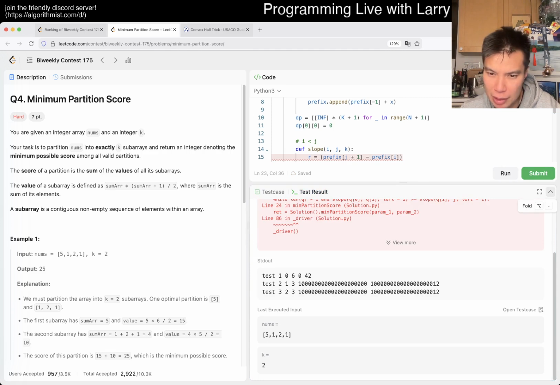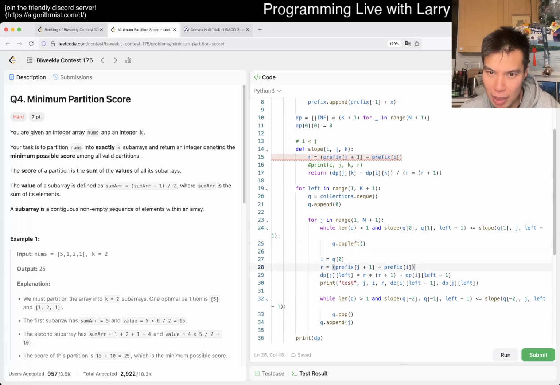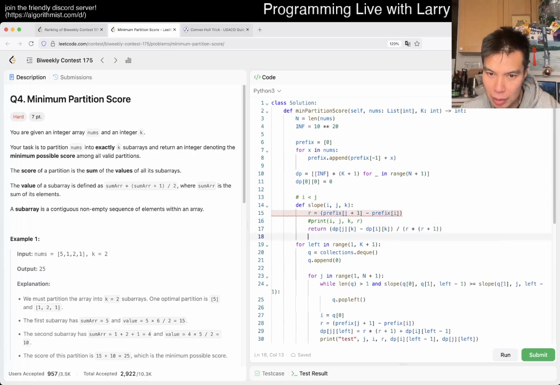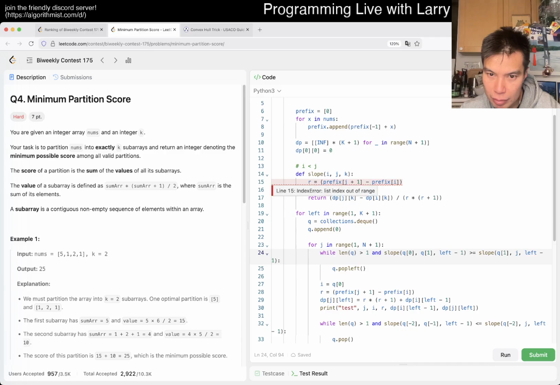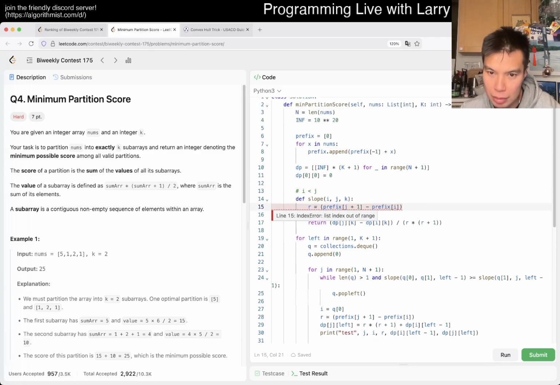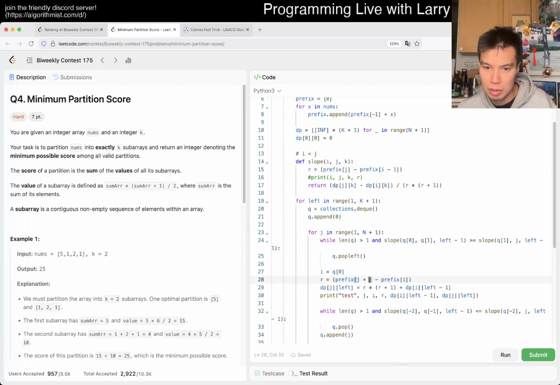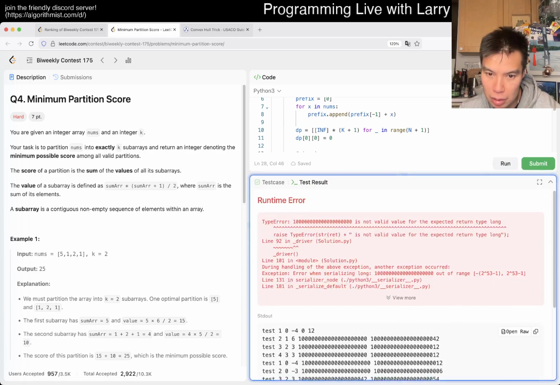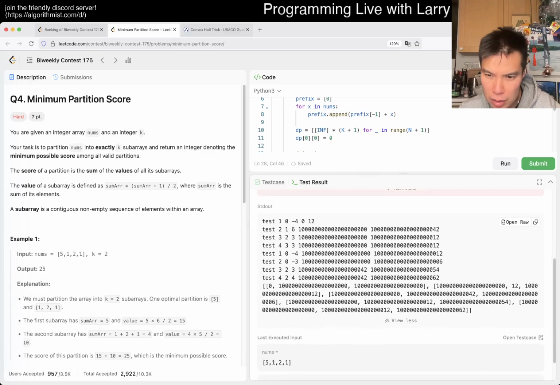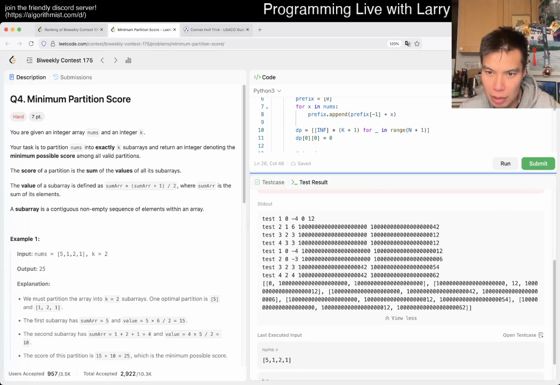So that means that this is actually, I might have to adjust some of these things, but no. Because now this is one indexed. Okay. This 12 is definitely still not right though, right?